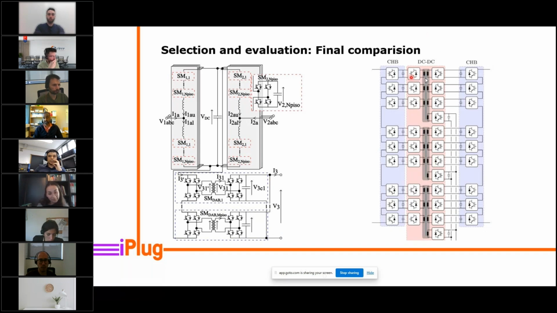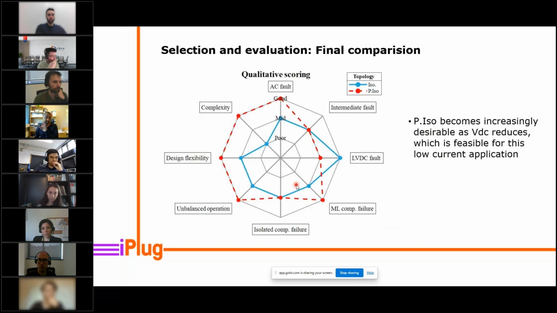This is the high frequency DC-DC stage, where this provides a coupling, the power transfer between the AC ports, and also a connection point to realize the DC level. So by playing with the DC level of this topology, we have decided how to optimize or how to have a comparison between these two. And a partner in the project does this analysis, and we come up with a conclusion like this.